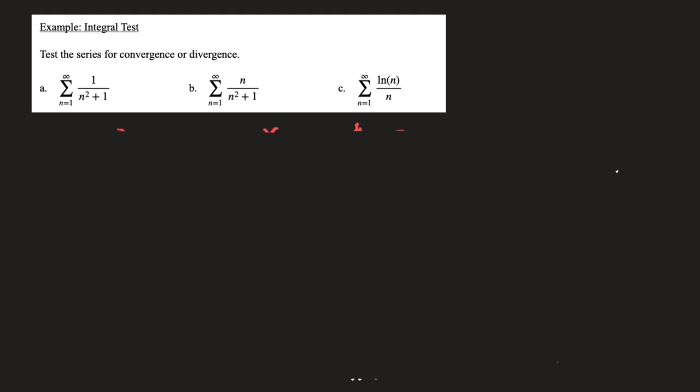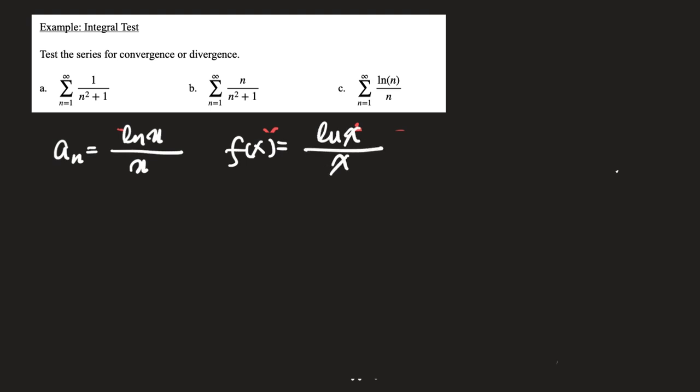Let's do one more example right there, guys. Here is a_n. This time a_n is ln n over n, so f(x) is ln x over x. When you sketch this graph, it looks like this, and here is the 1.